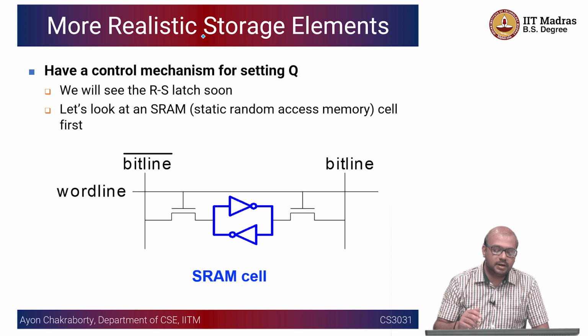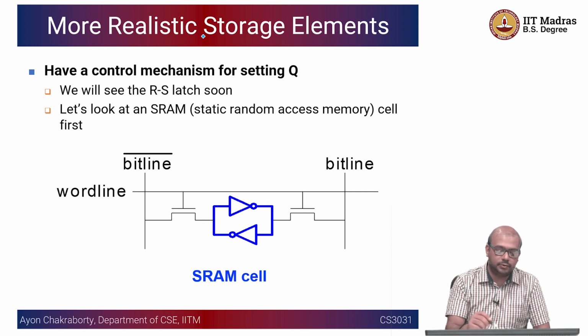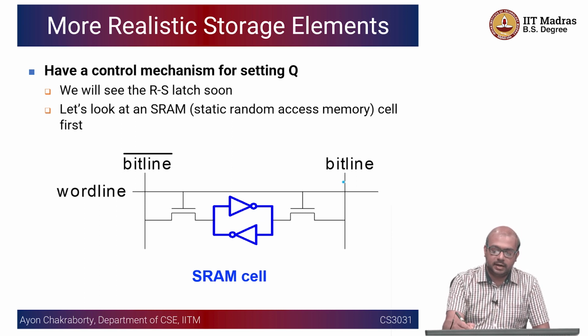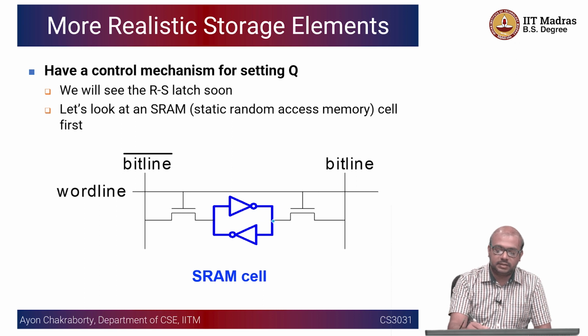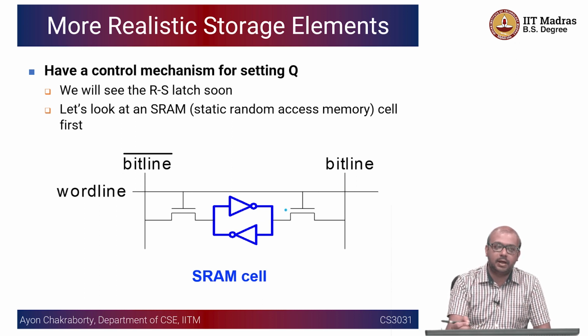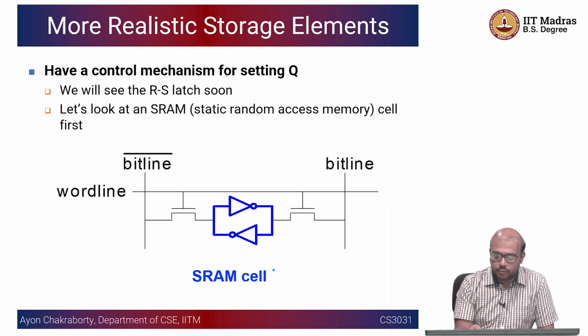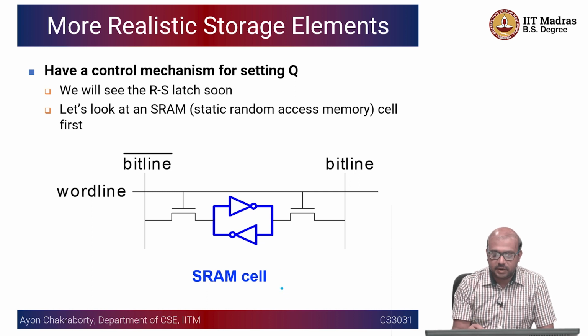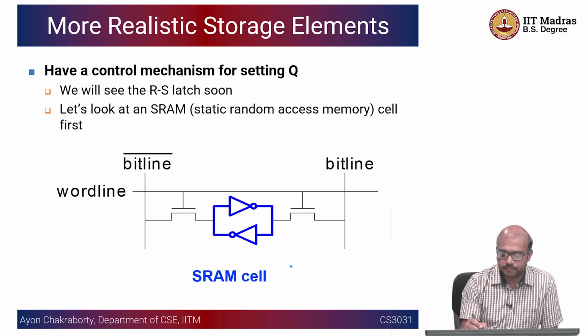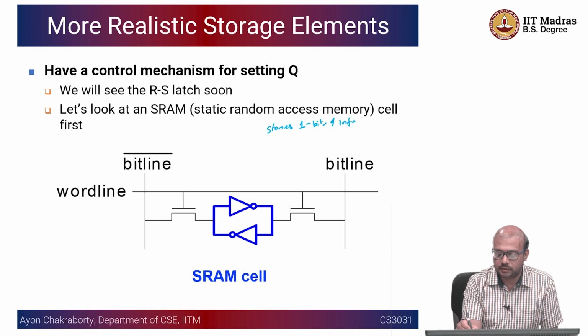You don't have to worry much about this word line or so on. There is something called the bit line. If you think of this bit line, this is a value that I want to write to this particular memory cell, which stores one bit of information. So this entire picture that you are seeing stores one bit of information.